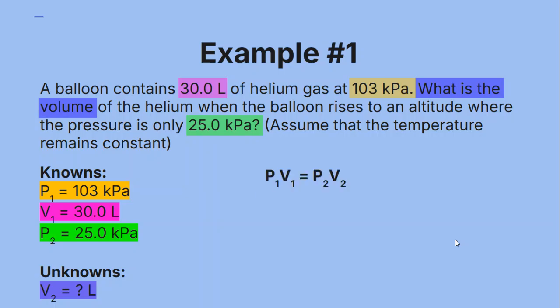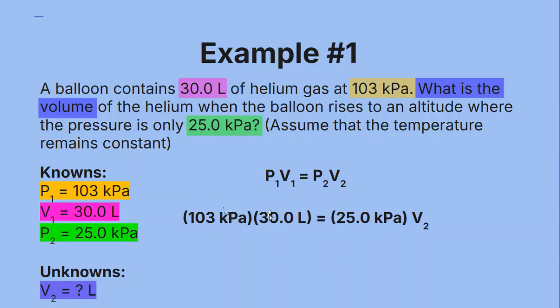So I'm going to utilize Boyle's law, which is P1V1 equals P2V2. I can plug my known variables into the equation and leave V2 as my x. And I should hopefully be able to solve this. Do 103 times 30 divided by 25. And we will be using sig fig rules for this.